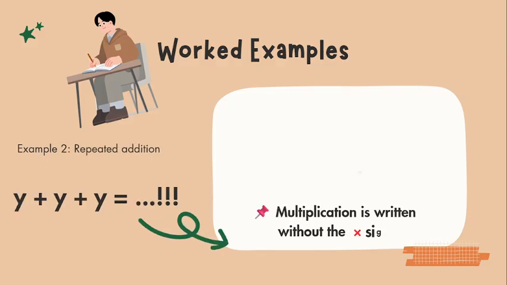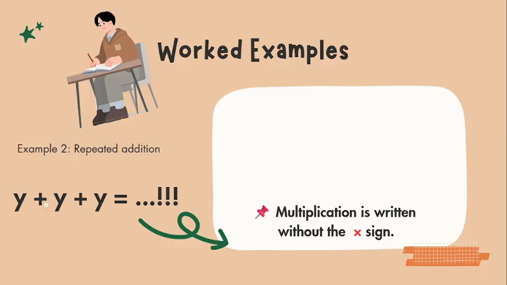Okay, example 2. It's about repeated addition, right? Now you can see the letter y is repeated 3 times, but it's about addition, right? Okay, first, let's try to forget about this y.